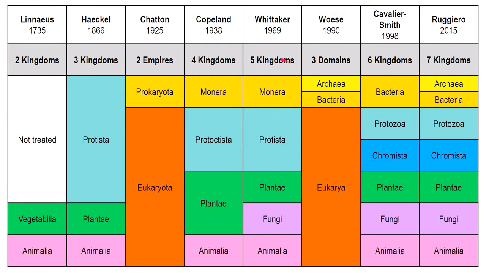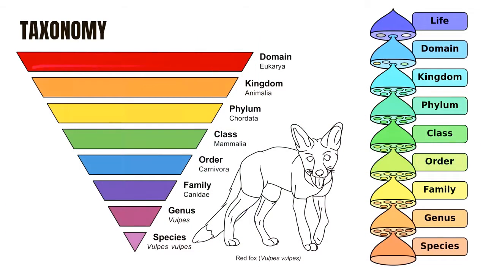For the establishment of the kingdoms, they noted that the highest taxonomic rank was kingdoms, from the 4, 5, 6, 7 kingdom systems. However, they decided to include another level of organization, another taxonomic rank above kingdoms, and those are the domains.